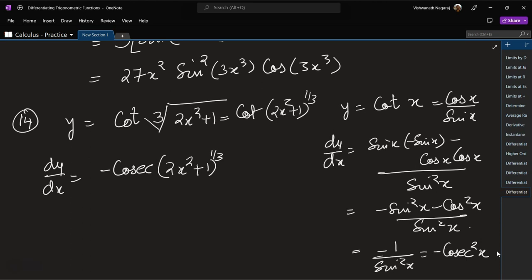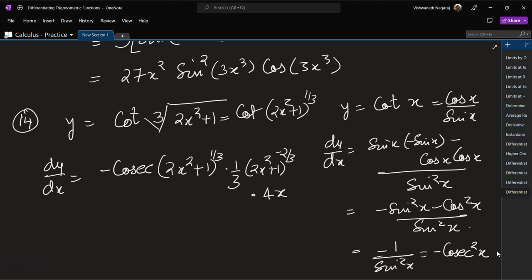This applies to only 2x square plus 1. Okay, times. Now we have to do the power rule. So 1 by 3, 2x square plus 1 to the power of 1 by 3 minus 1, that is minus 2 by 3 times. Now the innermost, so 2x square plus 1.